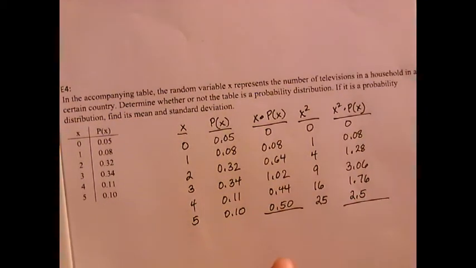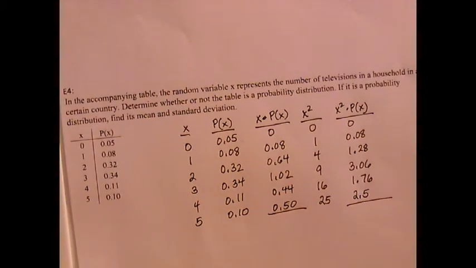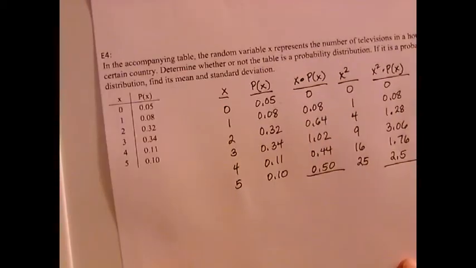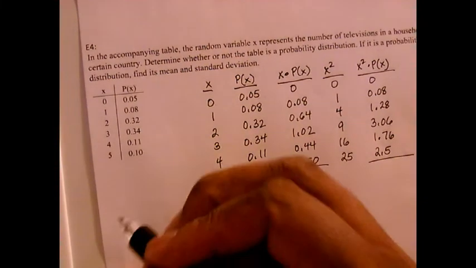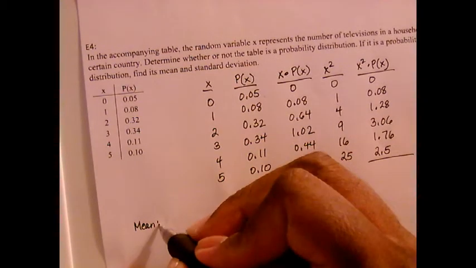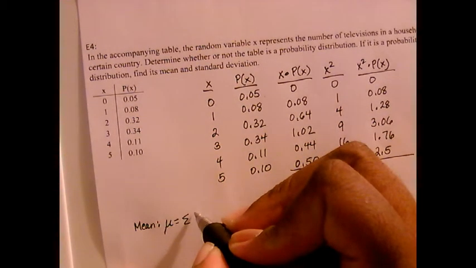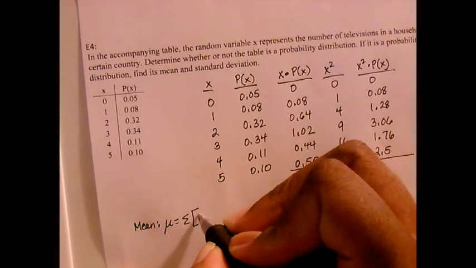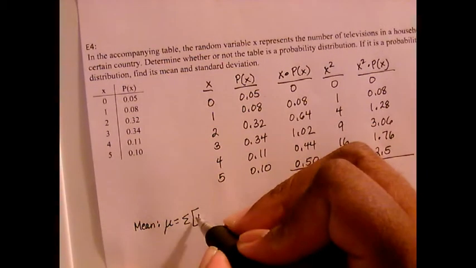Now I'm going to sum up the third column and the last column, because that's what's going to help me find the mean and the standard deviation for this particular probability distribution. So in this case, to find the mean, mu is equal to the summation of x times p of x.